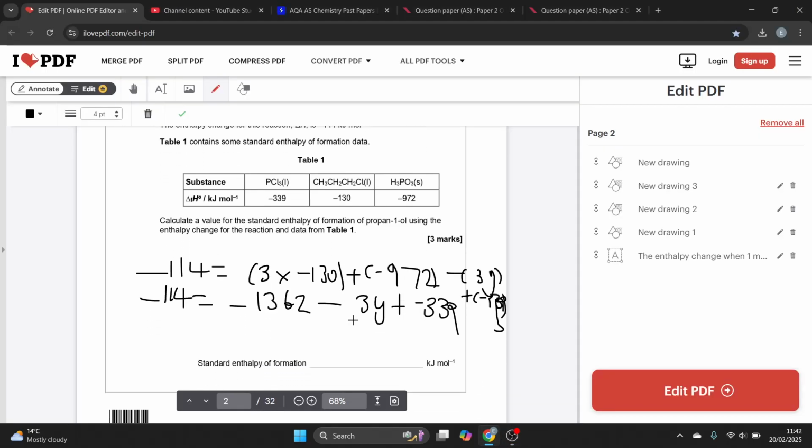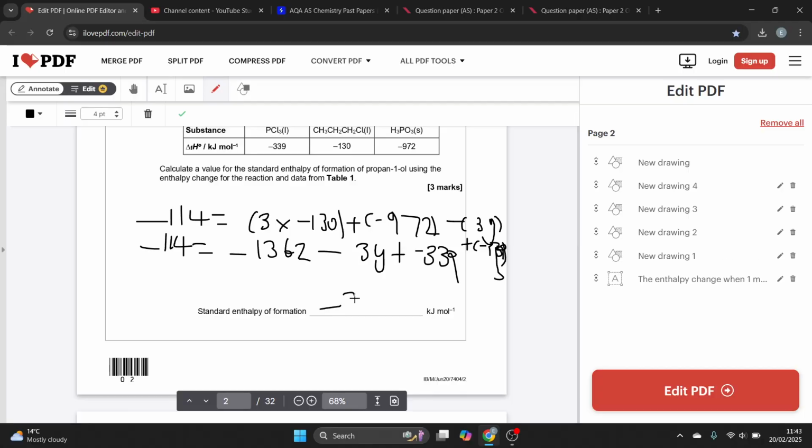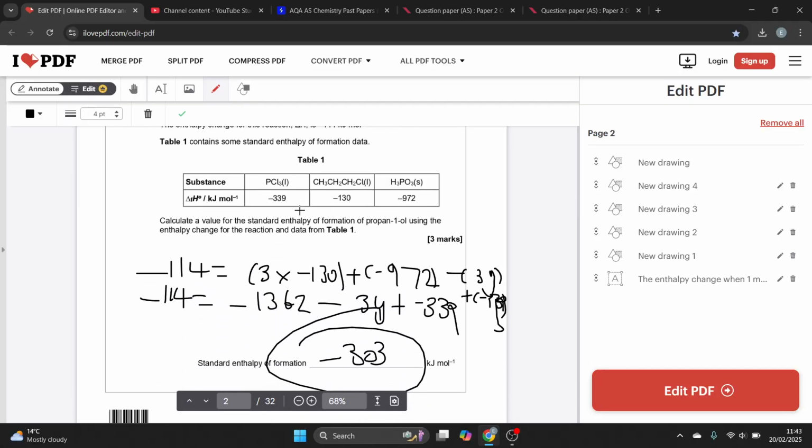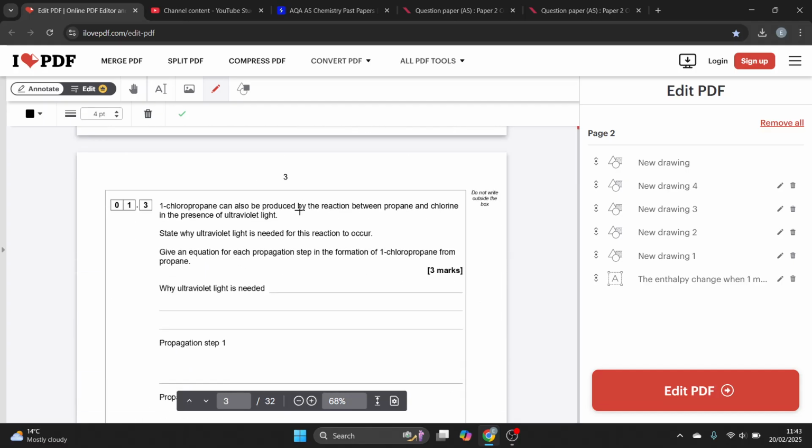Therefore, minus 1362 minus 339. Then I get minus 303. Therefore, the standard enthalpy of formation of propane-1 is minus 303.